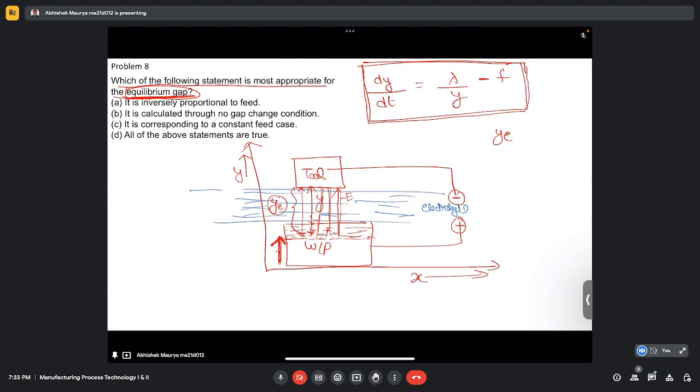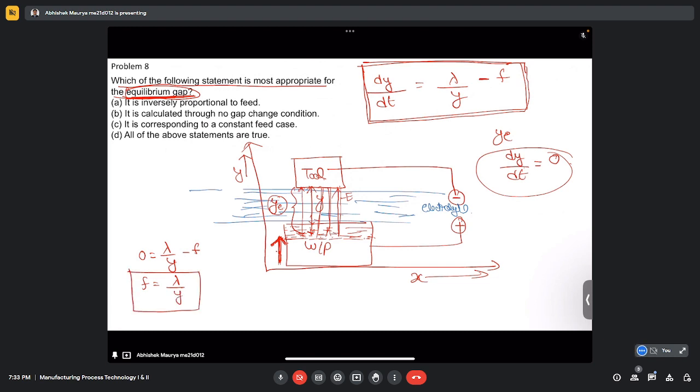So if we are saying this gap is not changing, that means dy by dt will become 0. If we substitute 0 in this equation, we will get 0 equals lambda by y minus f, or we can say f is equal to nothing but lambda by y.